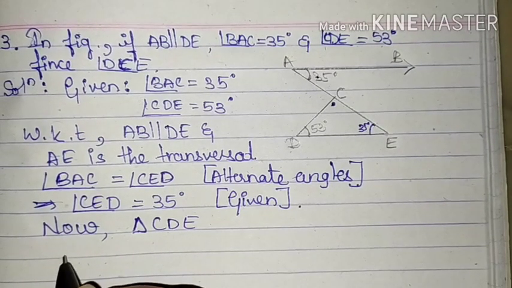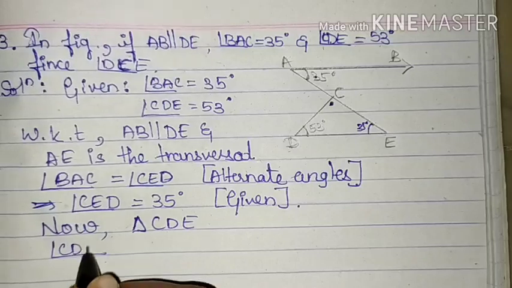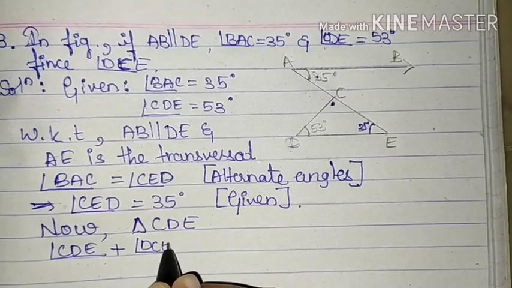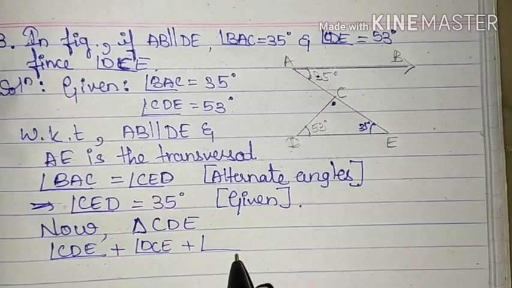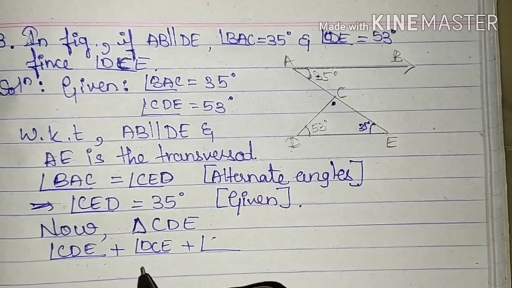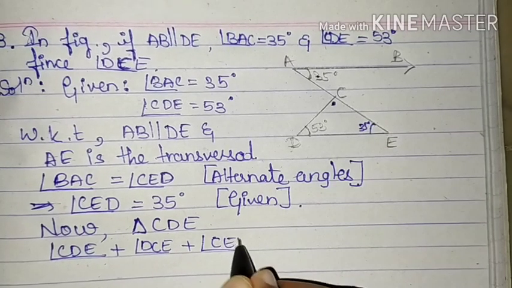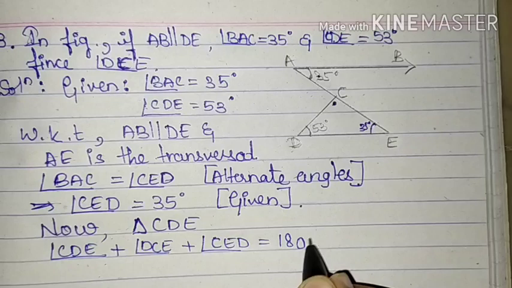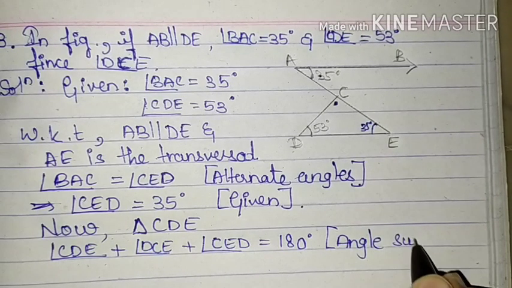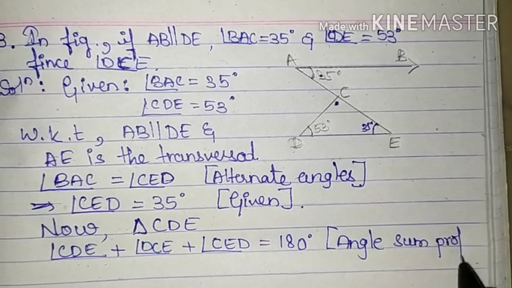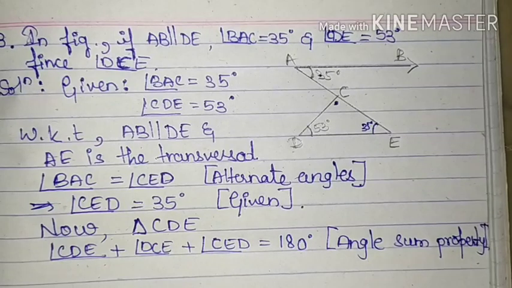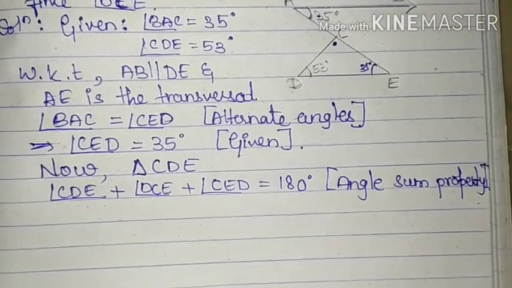Now in triangle CDE, angle CDE plus angle DCE plus angle CED is equal to 180 degrees, because of the angle sum property of the triangle, which says the sum of all the interior angles of a triangle is equal to 180 degrees.